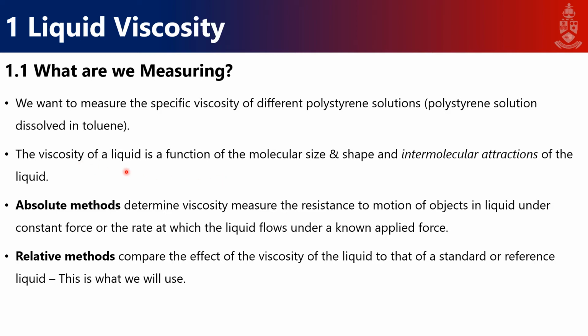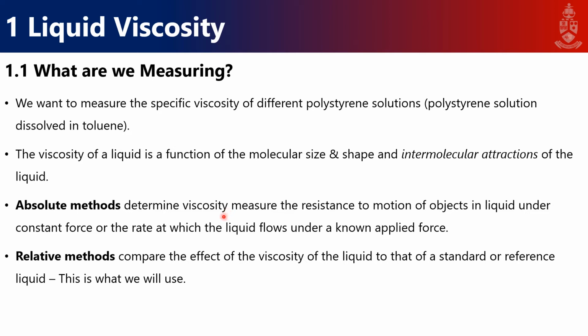And there are two experimental methods employed to study viscosity. The first is absolute methods, where you essentially have some sort of force applied to an object and you study the object moving through a liquid under that constant force, looking at the rate at which this object flows through that liquid.